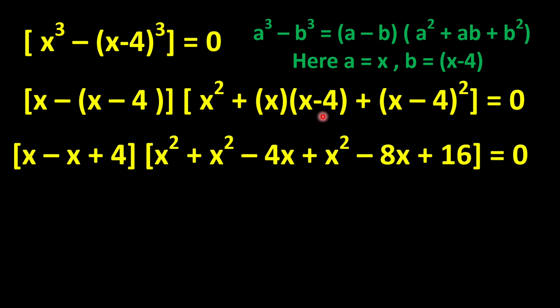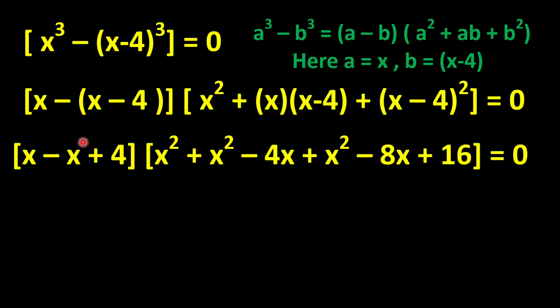and x multiplied by minus 4 equal to minus 4x. And here this is the (a minus b) all squared formula, which is equal to a square minus 2ab plus b squared. So if we expand this part according to the (a minus b) all squared formula, this will become x squared minus 8x plus 16 equal to 0.